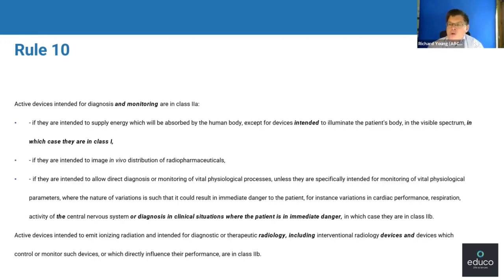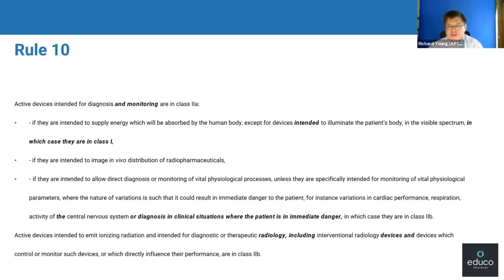And you're going to have to wade your way through that wording. If you've got a product that's falling under Rule 10, does your product monitor vital physiological processes, and could getting it wrong cause a risk to life? Then they come into class 2B. This pulls a lot of products that may have previously been class 1 products into requiring a notified body.